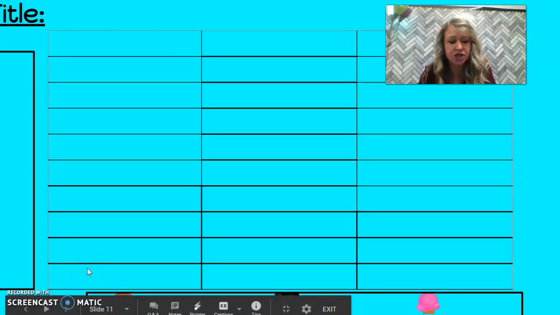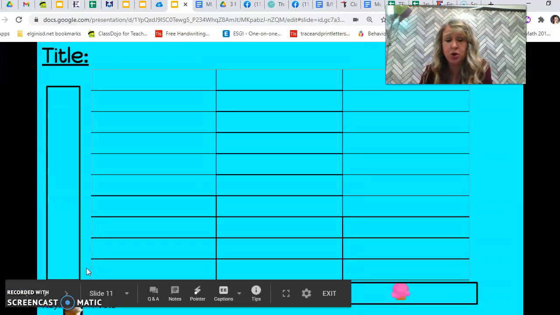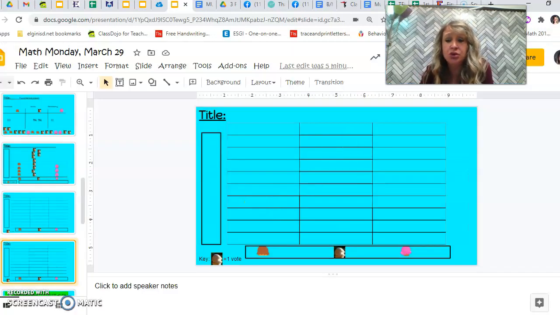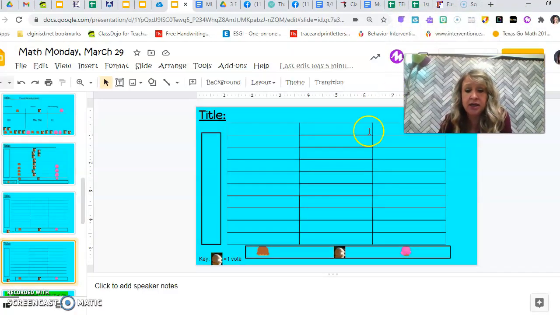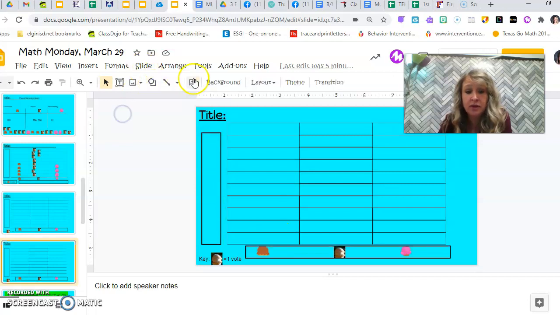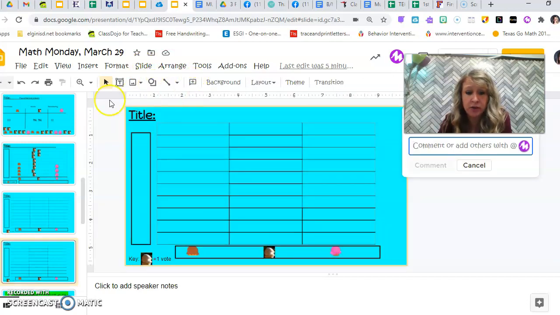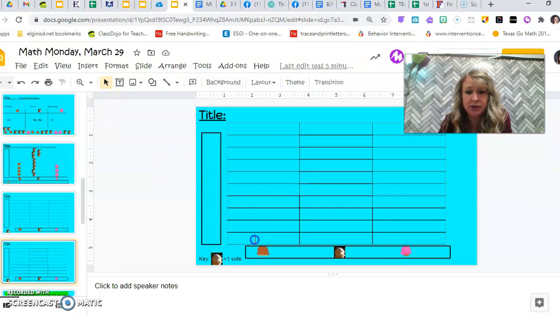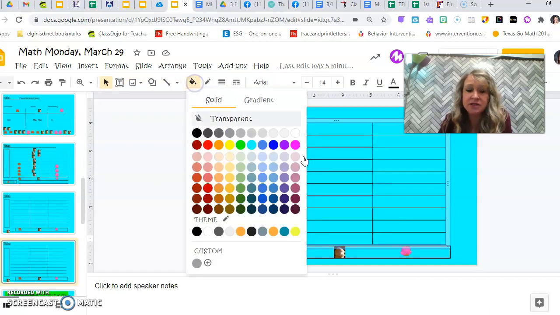So watch how I'm going to do it, and you're going to use the pen to color in each rectangle, okay? I am just going to get fancy over here and fill it in with the paint bucket. Well, if it would stay where I wanted it to. There we go, is my paint bucket.